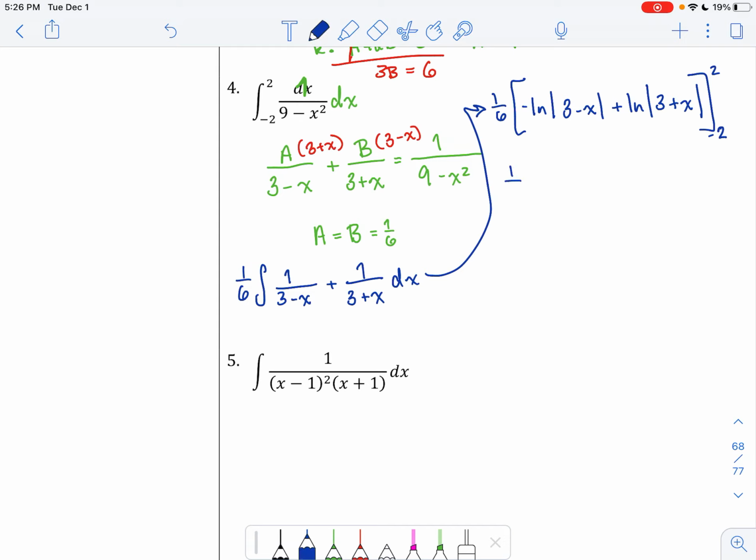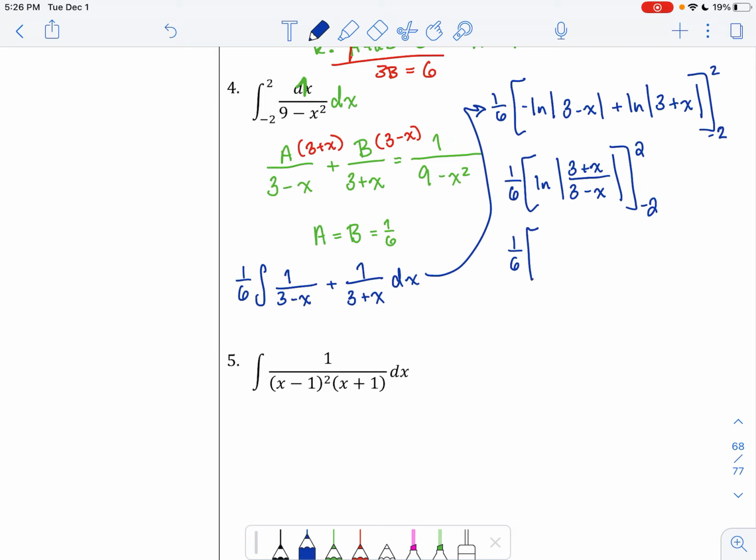So in this case, I would even rewrite this as ln of 3 plus x minus ln of 3 minus x turns into the log of 3 plus x as the positive numerator, and so then that puts 3 minus x in the denominator, again from -2 to 2. So this simplification can be really helpful.